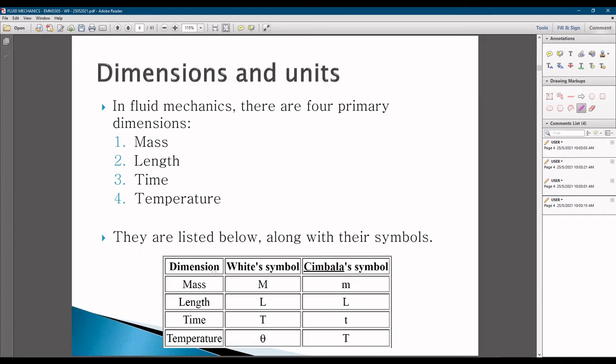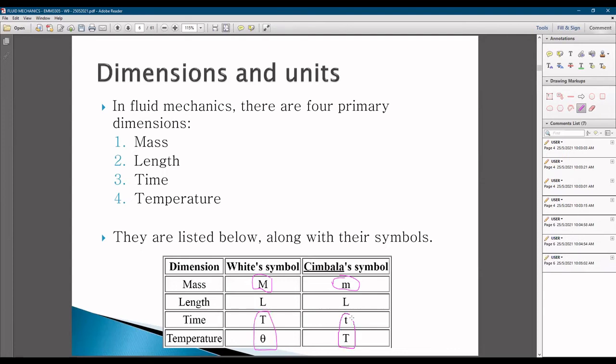So in these books, you see there are slight differences. For example, for mass in the book by White, it is capital M, whereas in the book by Cimbala, it is a small m.